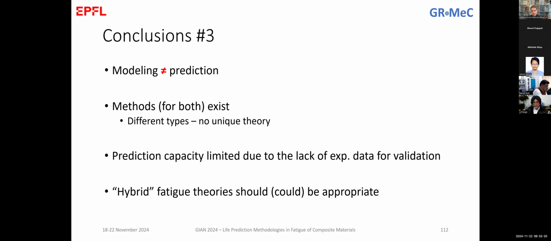The problem we have in approaching this unified methodology is that experimental data are very limited. We know that there are additional data, especially in commercial companies, that are not shared for many reasons. And this is a problem.